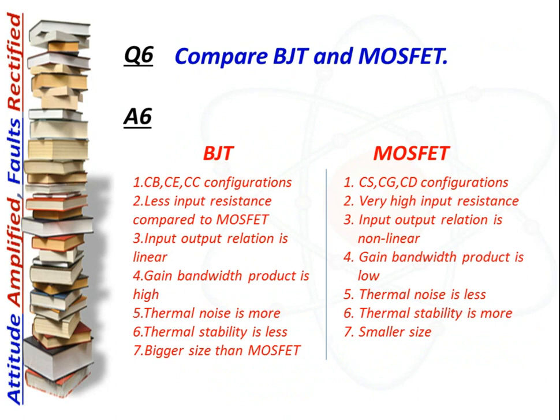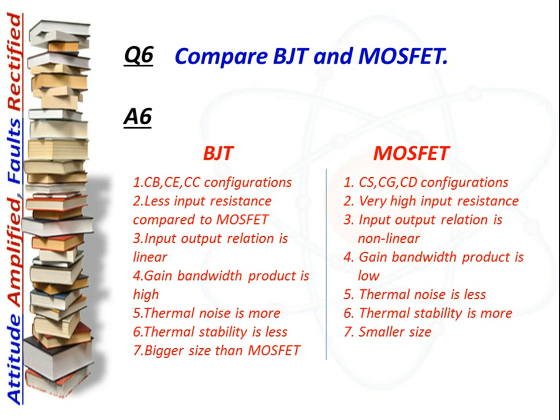Compare BJT and MOSFET. Here is the comparison between BJT and MOSFET. BJT has common base, common emitter, common collector configuration, and MOSFET has common source, common gate and common drain configuration.